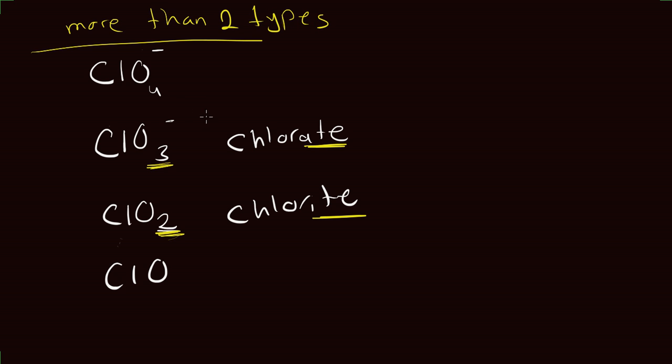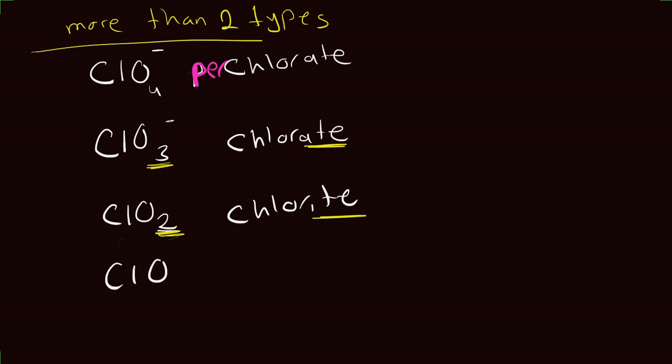In this case, again you say chlorate because it has more oxygen, but in order to not be confused with this one, you say per: perchlorate. What about this one?